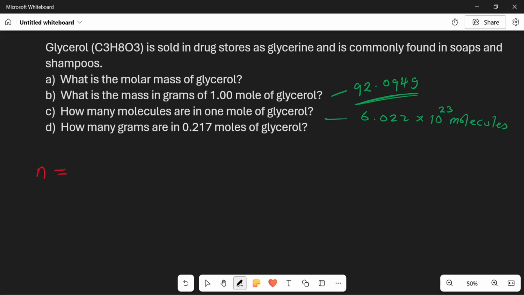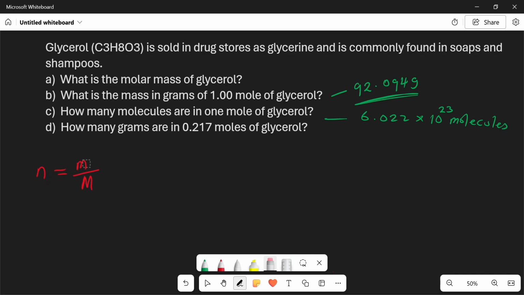So the formula we need for this one is number of moles, represented by small letter n, is equal to small letter m, representing mass, divided by the capital letter M, representing molar mass. So small letter n represents number of moles, small letter m represents the mass, and capital letter M represents molar mass.